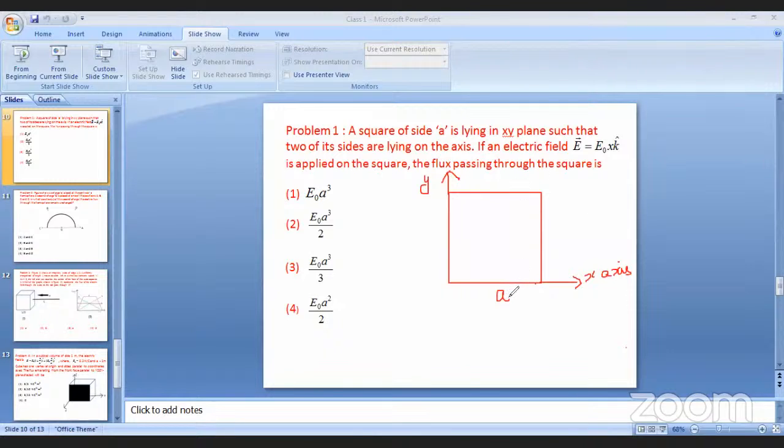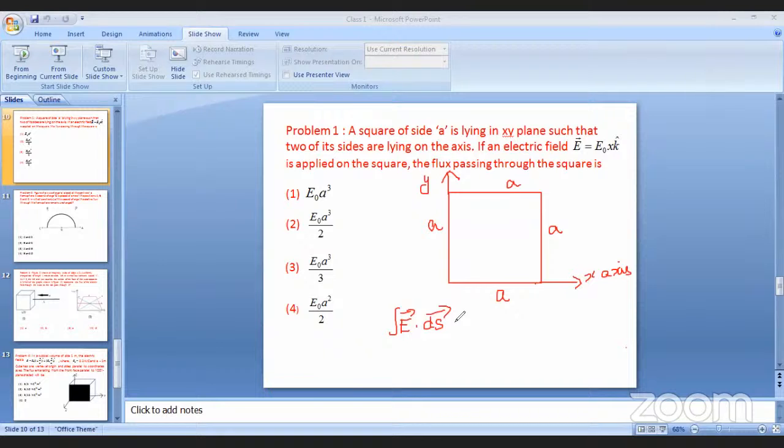The side is A, and an electric field E equal to E naught x k cap is applied on the square. Now we have to calculate the flux passing through the square, and the sides of the square are A and A. For calculating the flux, we have to go for Gauss theorem: integral E dot ds.